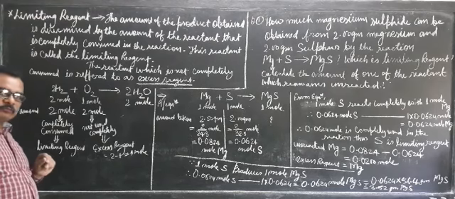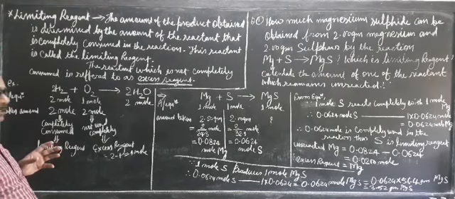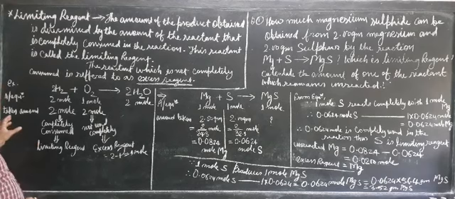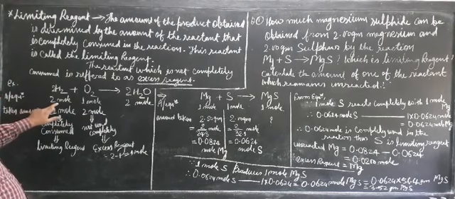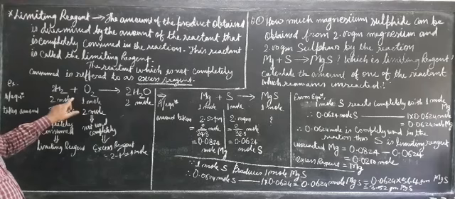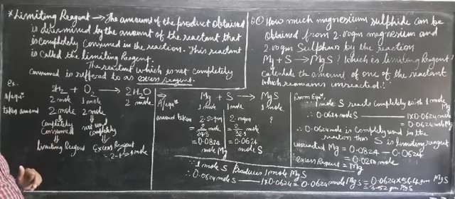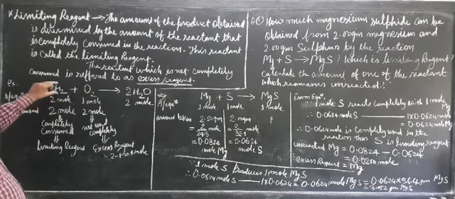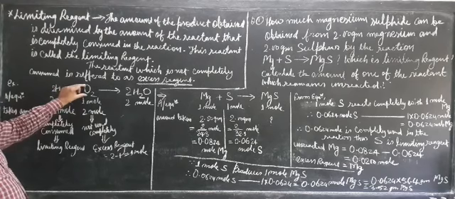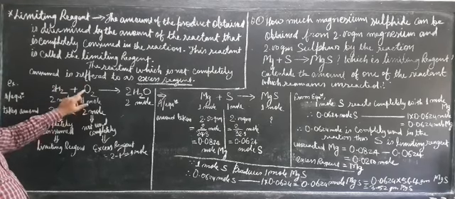Now, while carrying out the reaction, I will take 2 mole of hydrogen as well as 2 mole of oxygen. But what is the requirement? 2 mole of hydrogen reacts completely with 1 mole of oxygen. I have taken 2 mole of hydrogen and even 2 mole of oxygen.